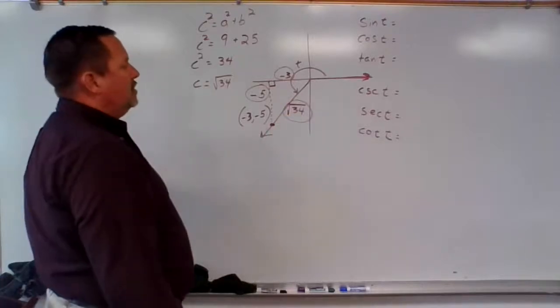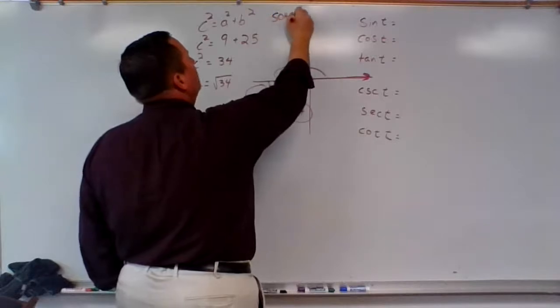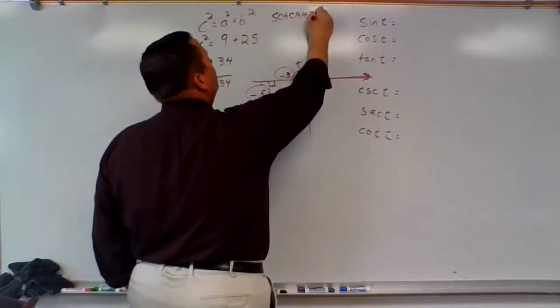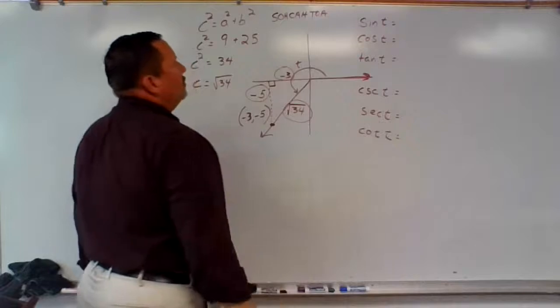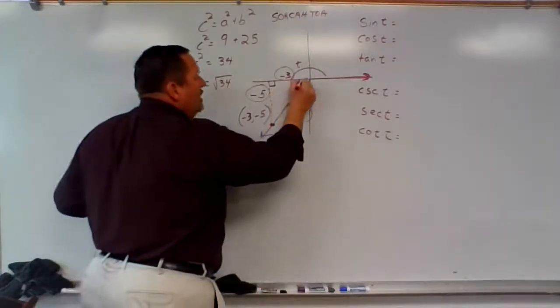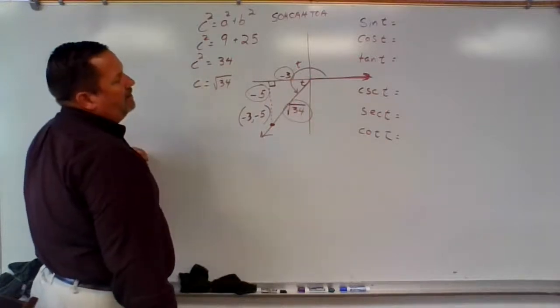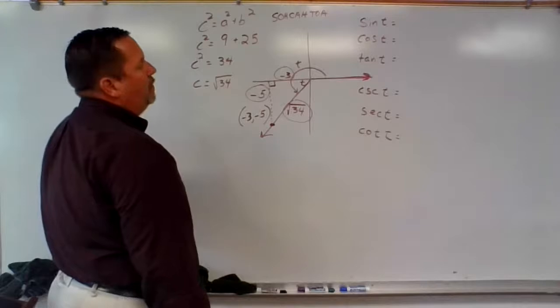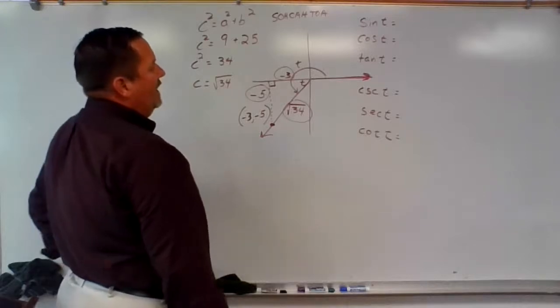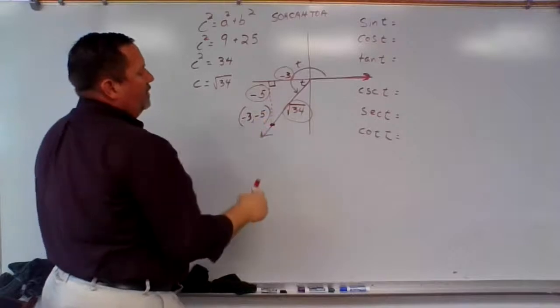And now let's just SOHCAHTOA this to pull out all of our 6 ratios. Remember, here's the angle that we're using as a guideline right there. And so to find the sine, I would do the opposite over the hypotenuse.